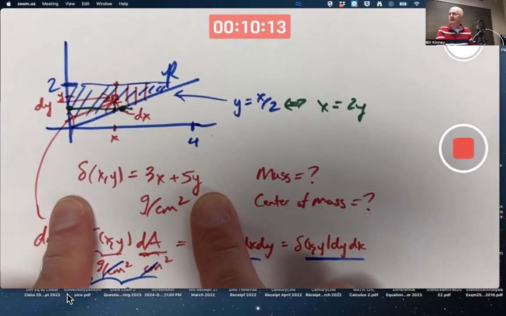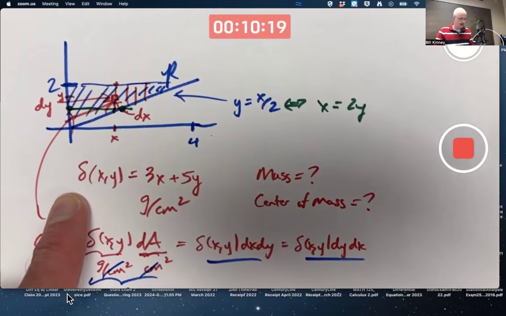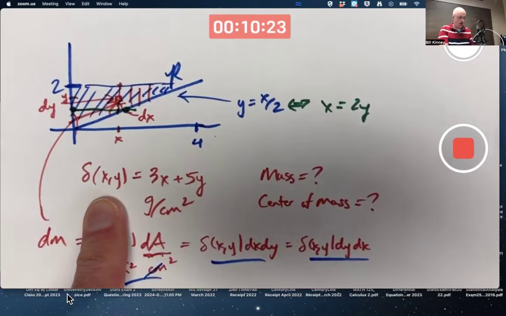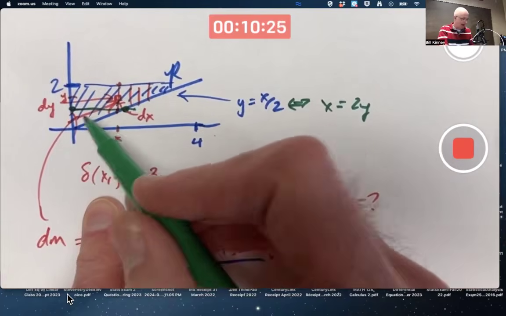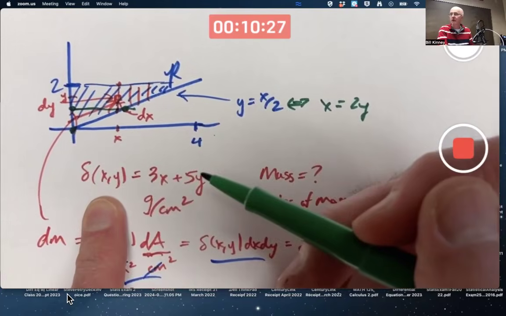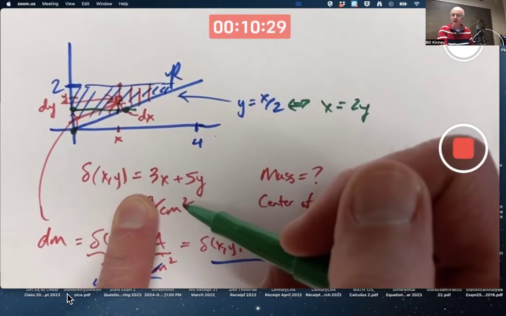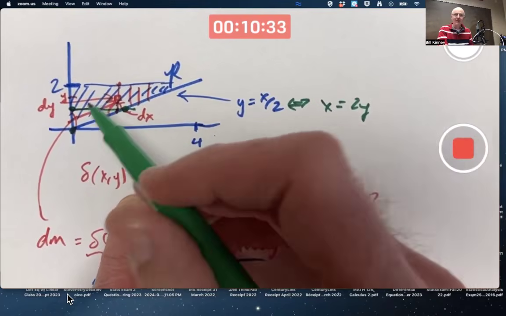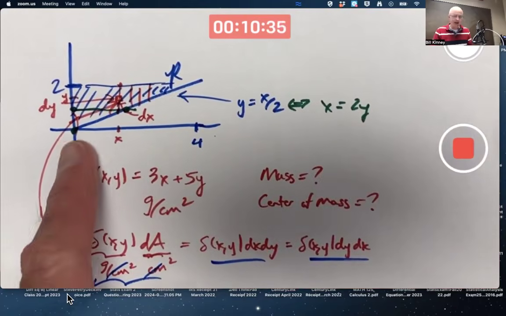Think about it intuitively. Think about trying to guess the average density over this triangle here. This function is minimized over this closed and bounded region at the lower left corner, the origin, when x and y are both 0, the density is 0 there. Effectively, the molecules are not very close together near that corner, right?